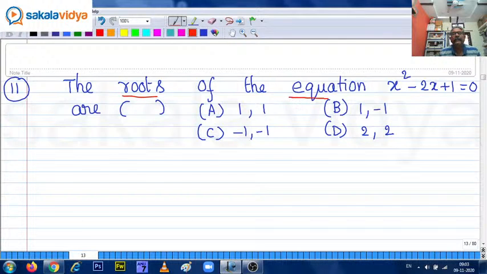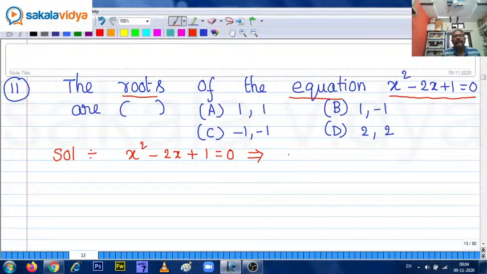The roots of the equation x square minus 2x plus 1 is equal to 0. We need to factorize the left hand side. See the solution. This x square minus 2x plus 1 equals 0. So this we can write x square minus 2 times x times 1 plus 1 square is equal to 0. So it looks like (a minus b) whole square.